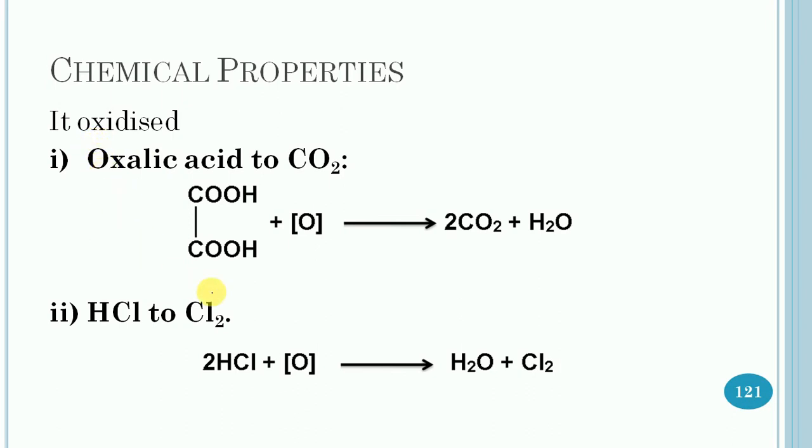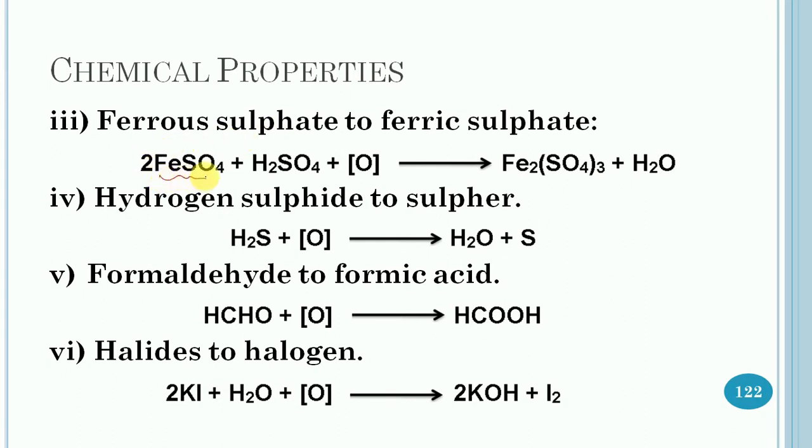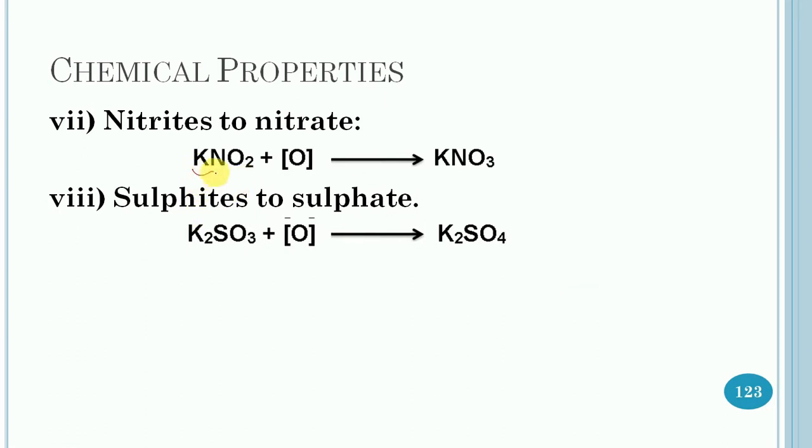It will oxidize oxalic acid to carbon dioxide, hydrochloric acid to chlorine gas, ferrous sulfate to ferric sulfate, hydrogen sulfide to sulfur, formaldehyde to formic acid, potassium halide to iodine, potassium nitrite to potassium nitrate, and potassium sulfite to potassium sulfate. So these are all the reactions in acidic medium.